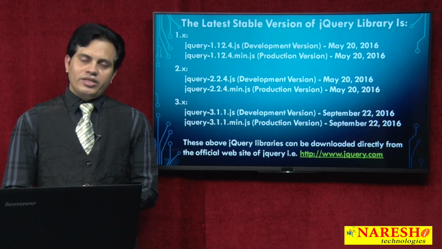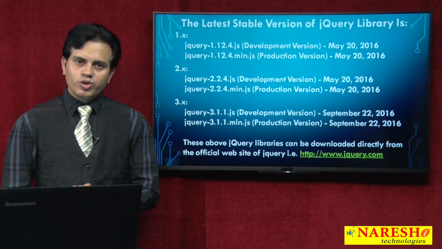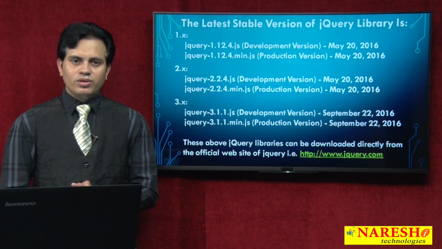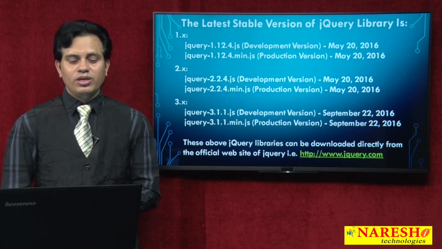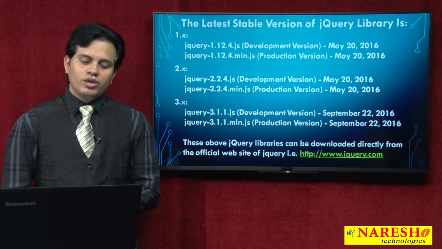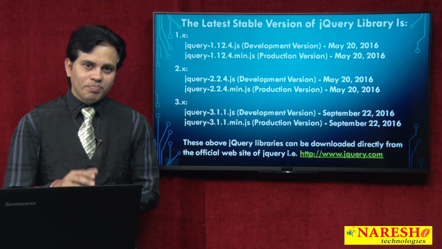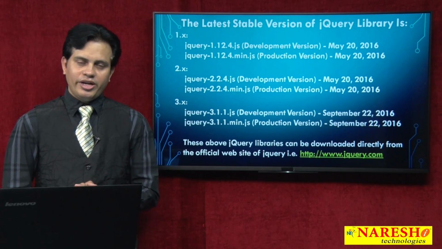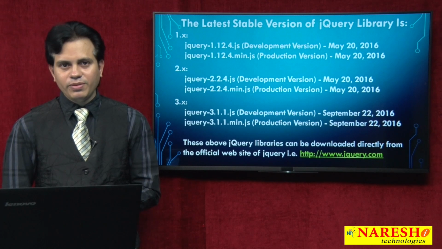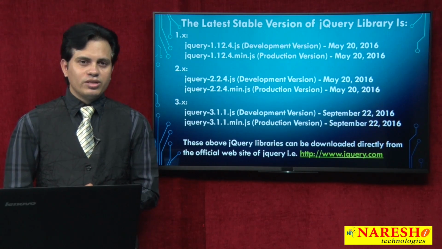And at the same time, they released the minified, compressed code for the production version, that is jQuery-2.2.4.min.js, also released at the same time, May 20th, 2016.